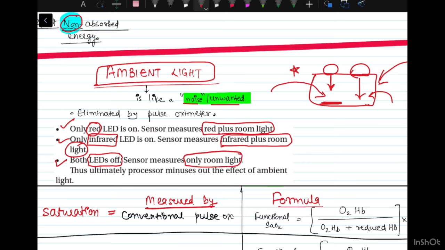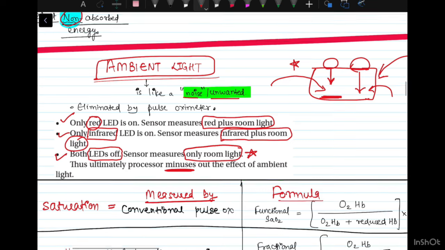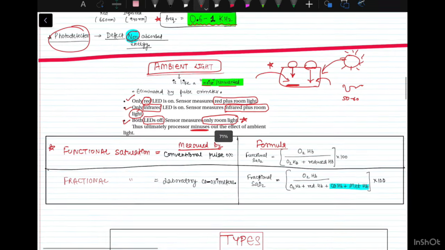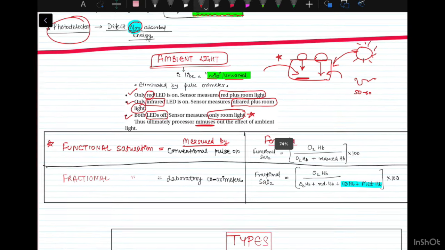Now when both are off, only the room light is getting into the pulse oximeter, which will ultimately minus out the effect of the ambient light. The third thing, it will subtract from the first and second. So this is how there will be negligible effect of the ambient light. This is troubleshooting in the pulse oximeter nowadays.